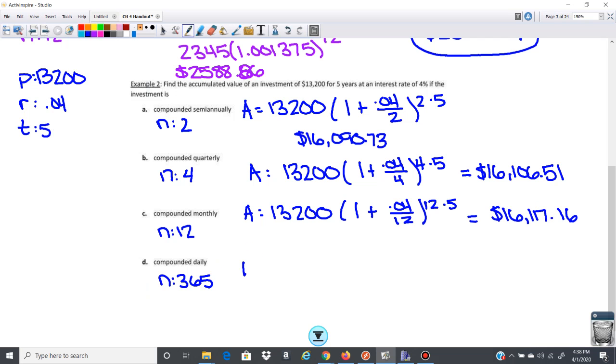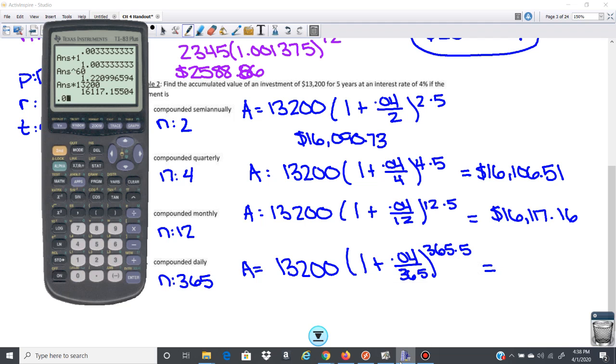And then finally, our last one, we have 365. So 13,200 times 1 plus 0.04 over 365, to the 365 times 5. And then we're going to put that in. So we're going to go 0.04 divided by 365 plus 1.